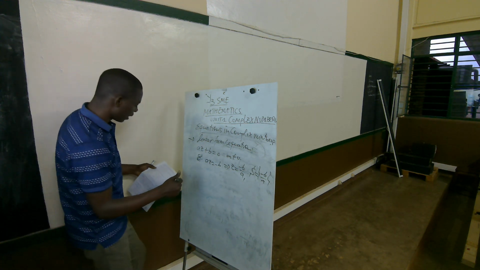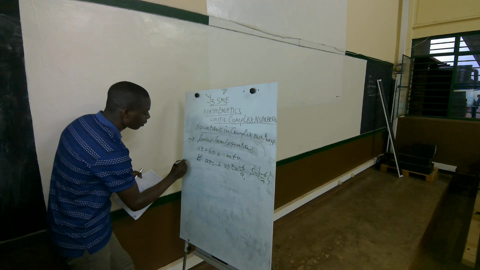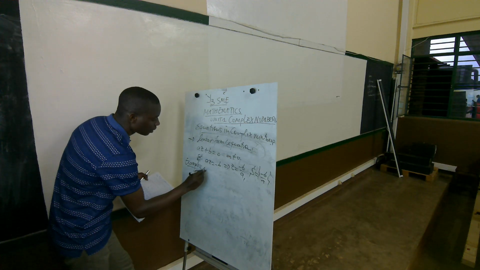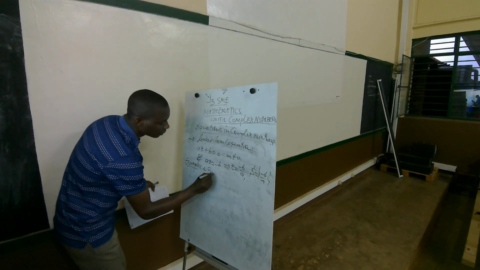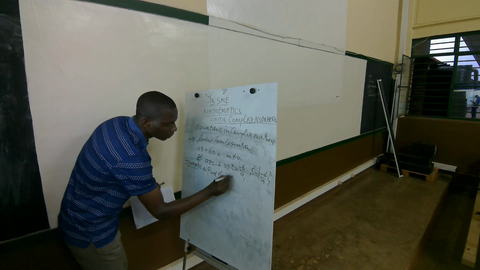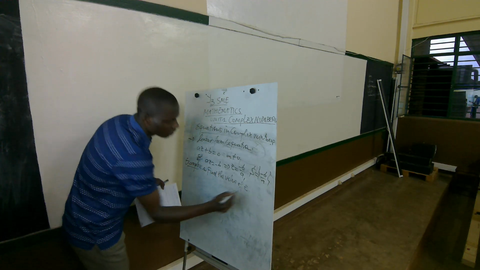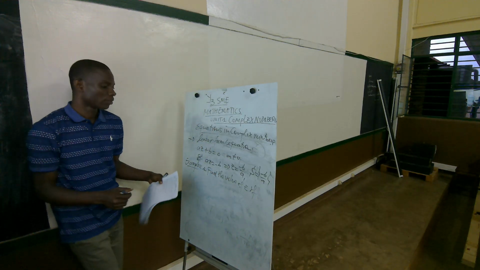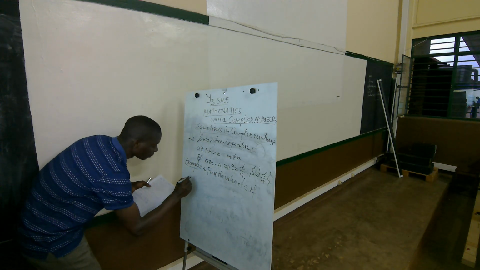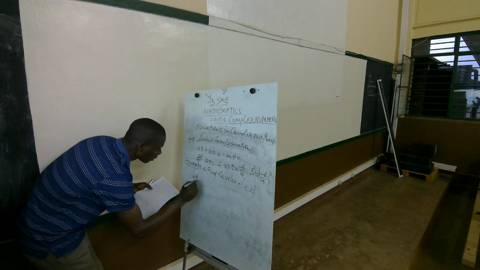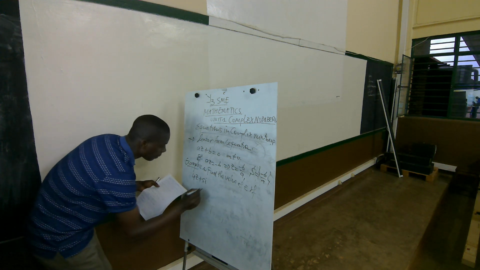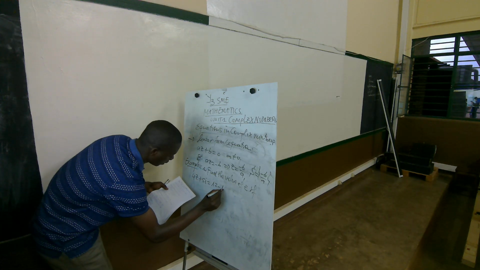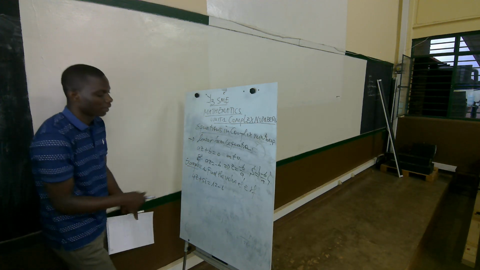For example, let's find the value of z if 4z plus 5i is equal to 12 minus i. So we can find the value of z.